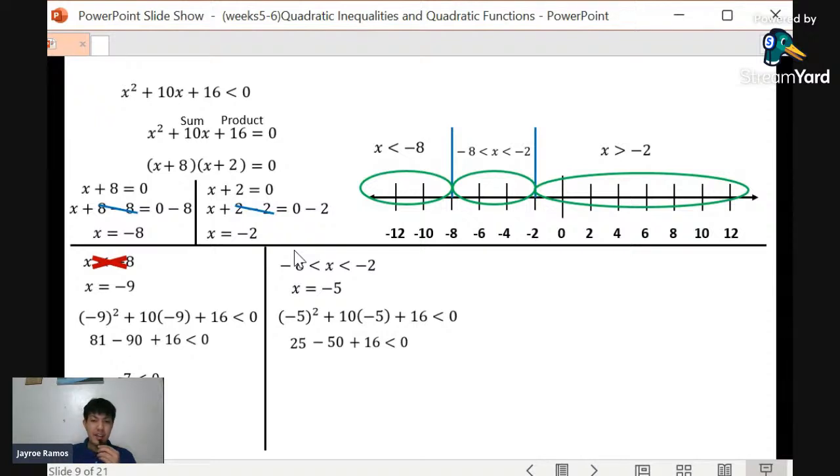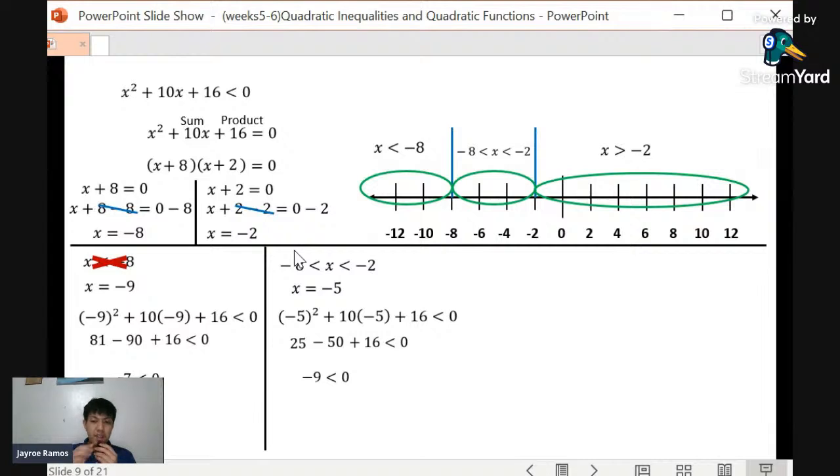So the answer here is negative 9. Tama si Anika, negative 9. Yan, tama. So tama po, negative 9 is less than 0. So very good.